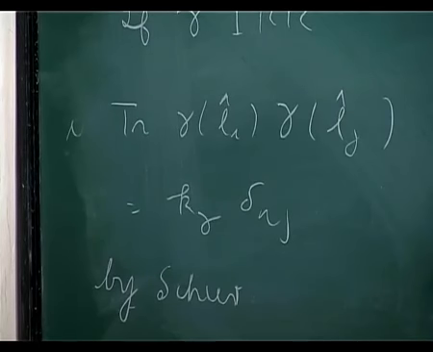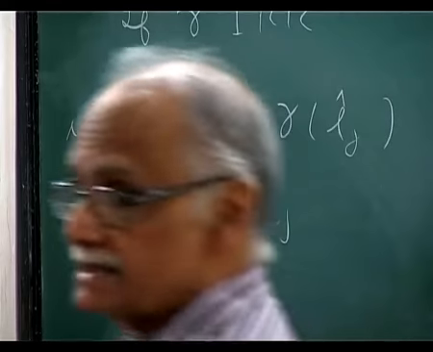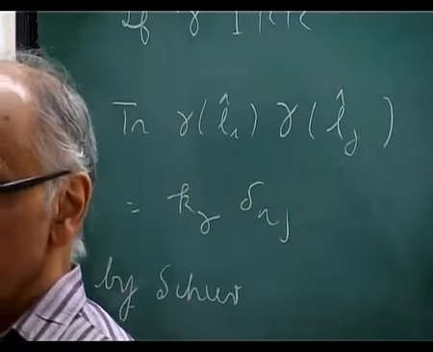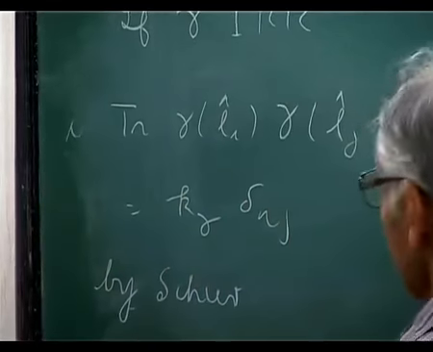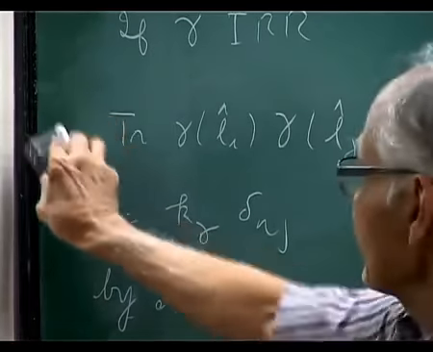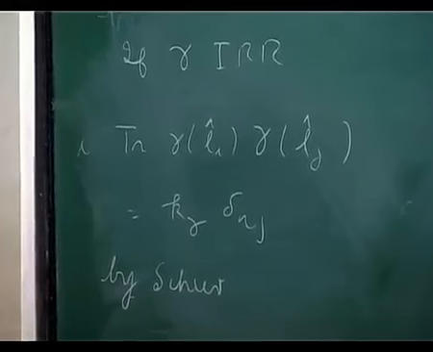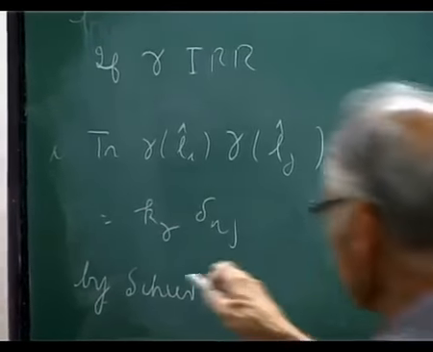So by Schur, there is a special basis with which we can diagonalize the Cartan-Killing form with all eigenvalues equal. In fact, we can actually evaluate this. We can find what is k gamma.